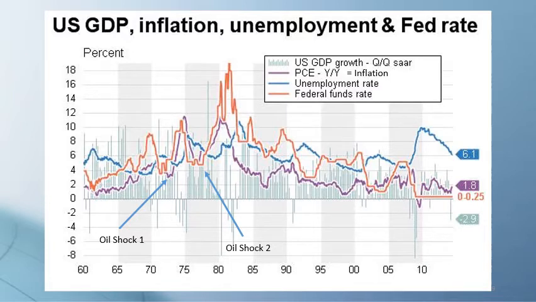So the rates are lifted and everything's going fine. And the unemployment rate is actually quite high in 71, right? And 72, so between 5 and 6%. And inflation is quite low at around 3.4%.